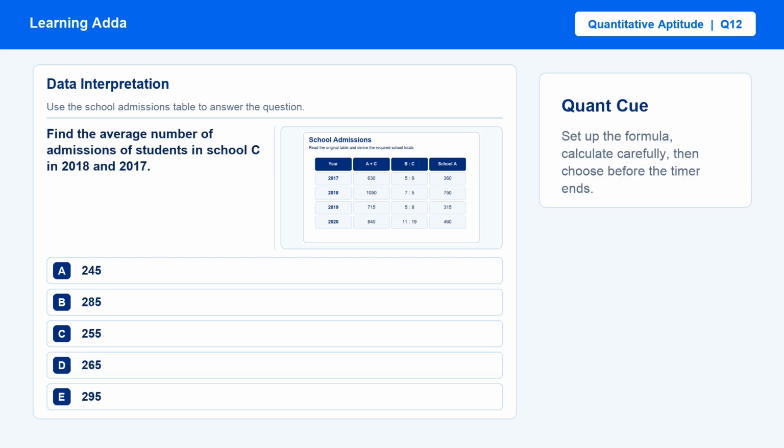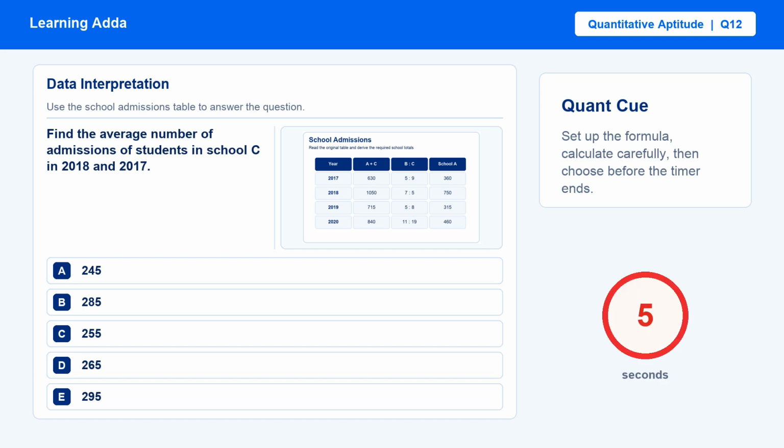Question 12. Find the average number of admissions of students in School C in 2018 and 2017. Option A 245. Option B 285. Option C 255. Option D 265. Option E 295.